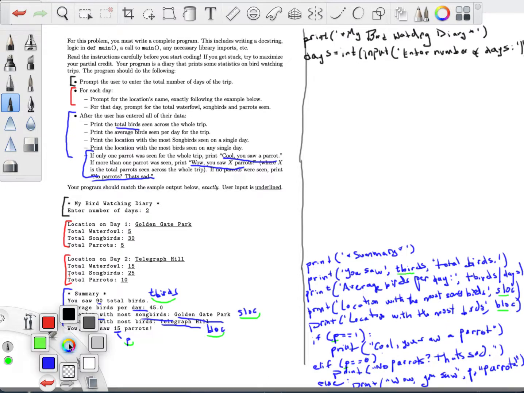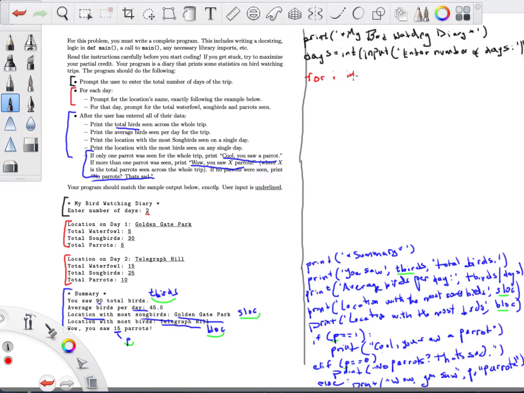So we've already figured out that we got some sort of loop. It's a definite loop. This example, we entered a 2, it loops twice.